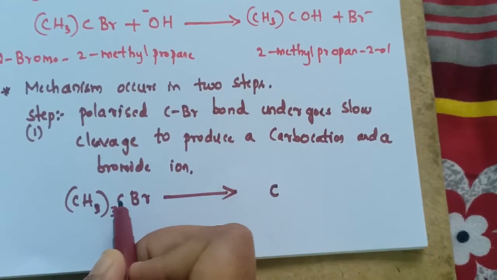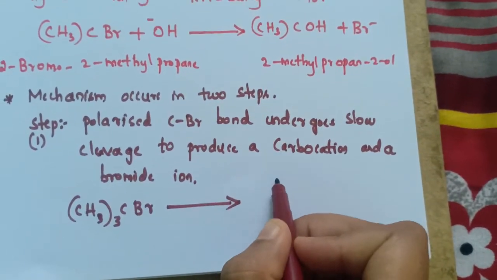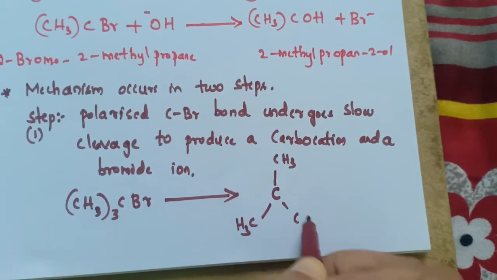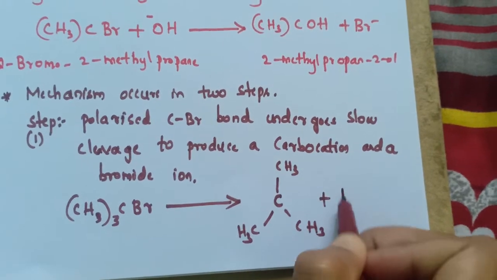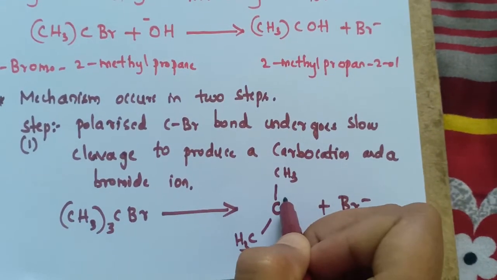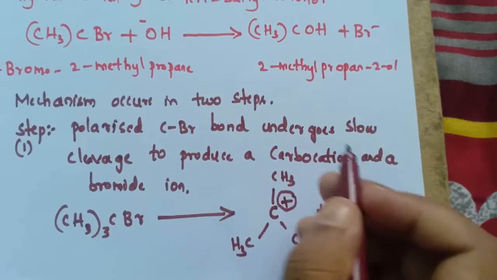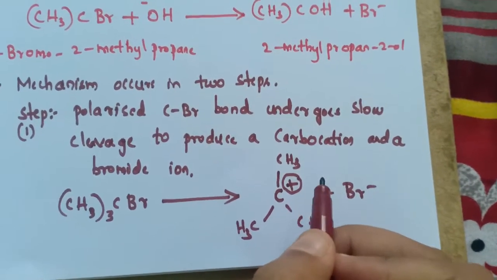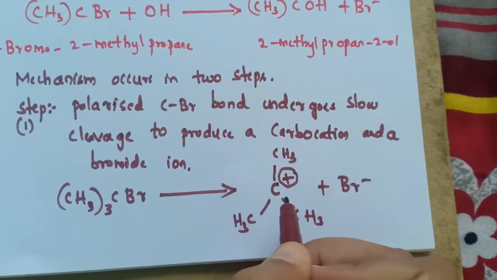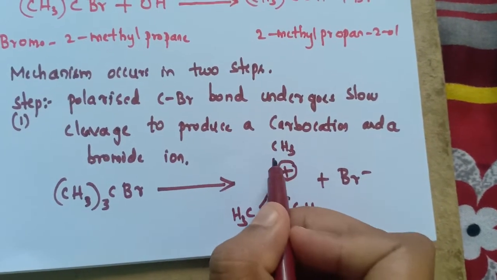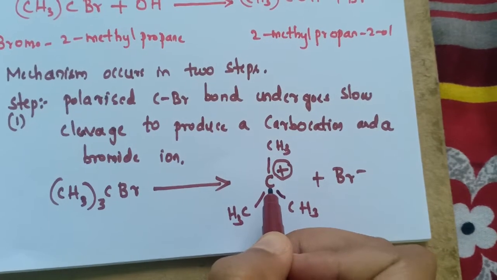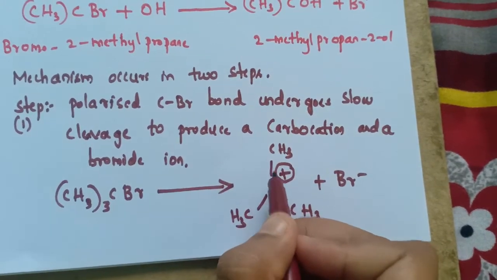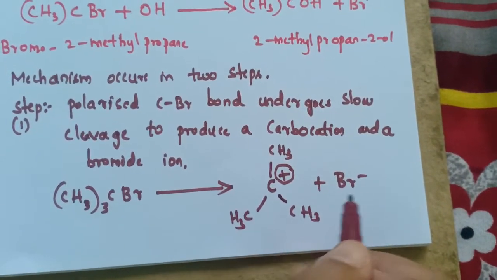See, here is a carbon with CH3, CH3, CH3 plus Br minus. This carbon gets a positive charge, that is, it is a carbocation. It is electron deficient. It bears a positive charge. These are electron deficient, having only 6 electrons: 1, 2, 3, 4, 5, 6. Carbon has tetravalency, so it should have 8 electrons, that is 4 bonds, 8 electrons. Here only 6 electrons.